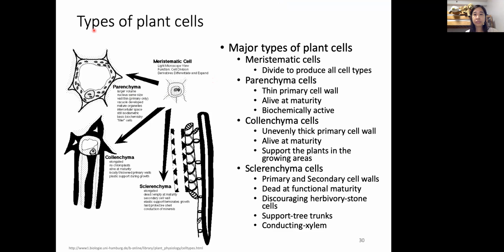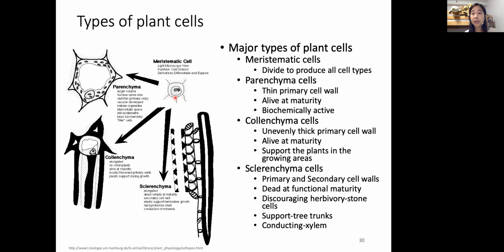There are many types of plant cells, and it depends on how we categorize them. Here I want to show you that there are at least four major types of plant cells, beginning with this one, the meristematic cell. This cell is similar to the animal stem cells.